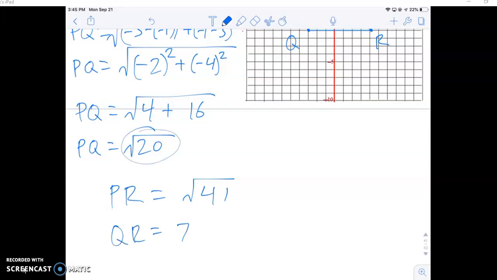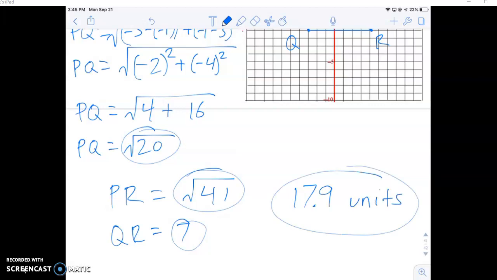So if you added those three up, you're going to end up getting 17.9 units. Remember, when you're adding up those square roots, you have to change those to a decimal first, and then you can add them, and you get 17.9 units.